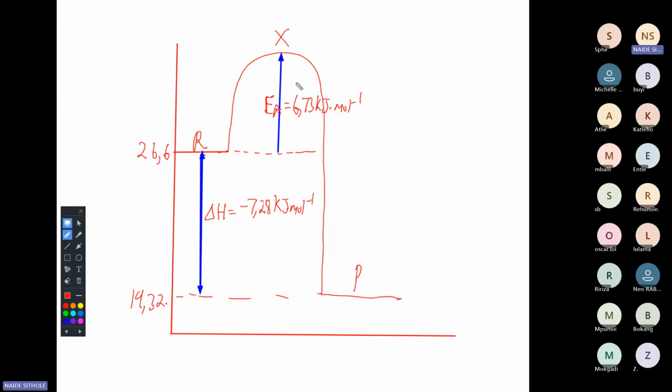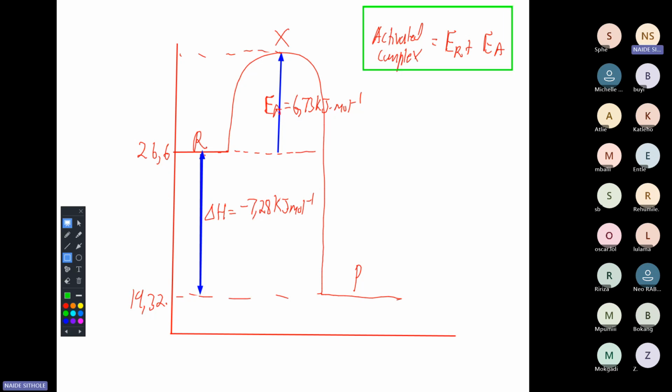If you wanted to calculate the activated complex, understand this. The activated complex can be calculated by saying the enthalpy of the reactants plus the activation energy. And if you want to calculate activation energy, it can be calculated by saying activated complex minus enthalpy of the reactants. So if you check here, I just made EA the subject of the formula from that.